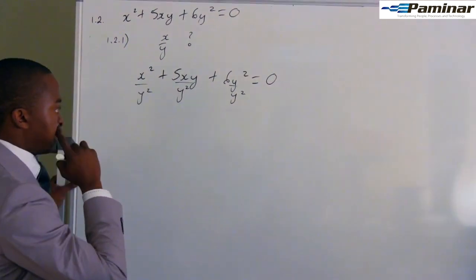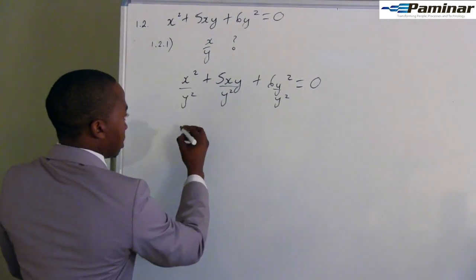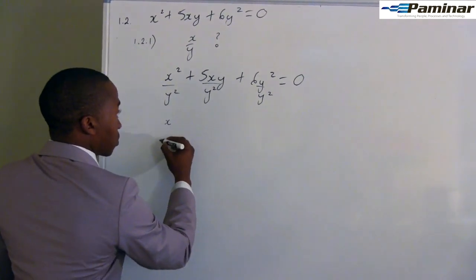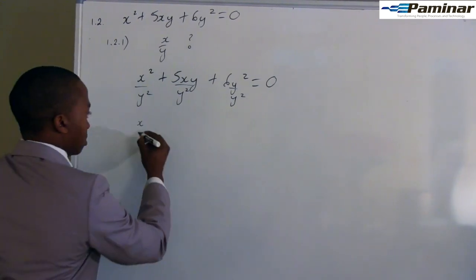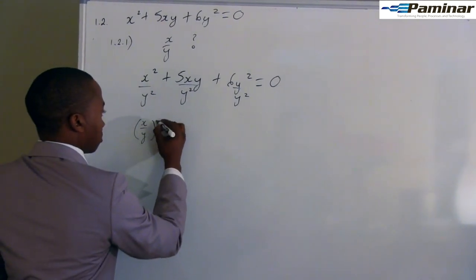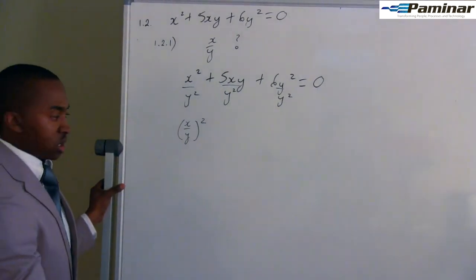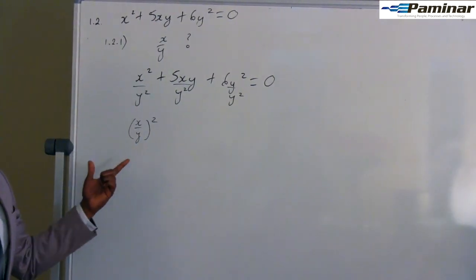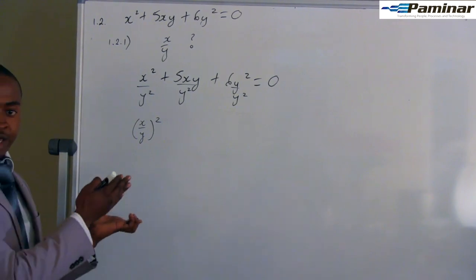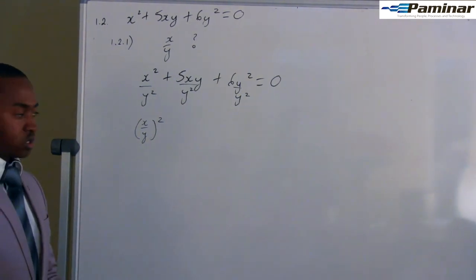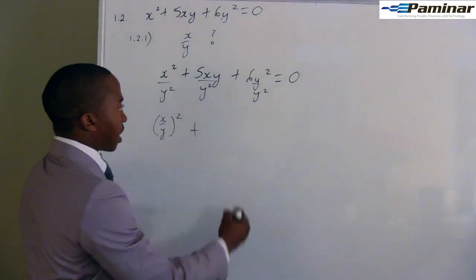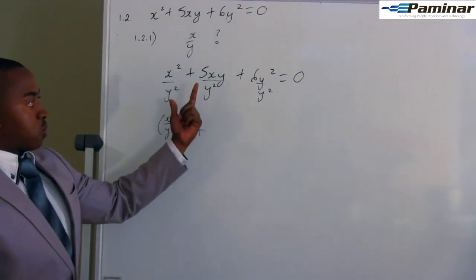and y squared. Then eventually this will be x squared over y squared, which you can write as x over y all squared. Why are we doing this? Because we are trying to deliberately get x over y into the equation. Then we say plus, there's that y and that y.